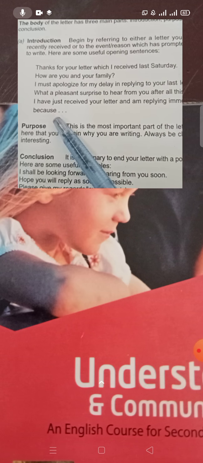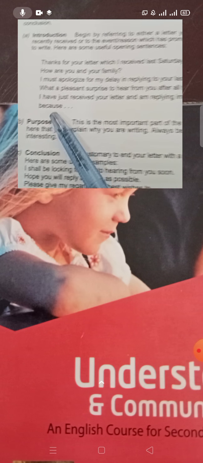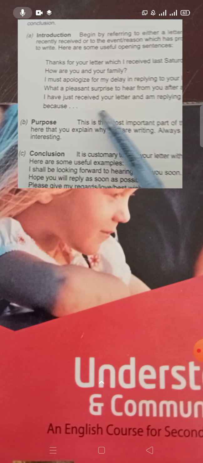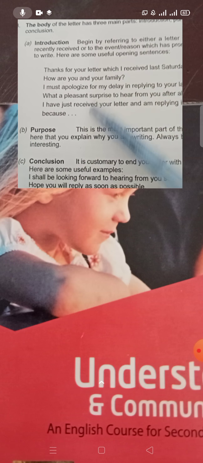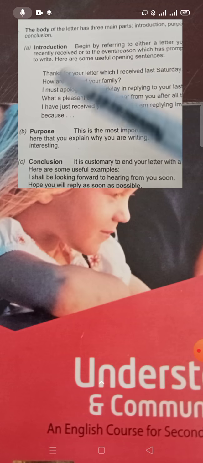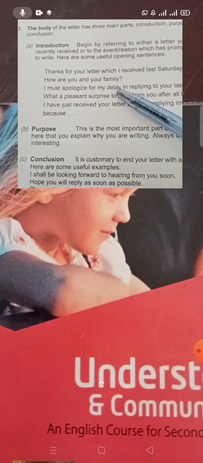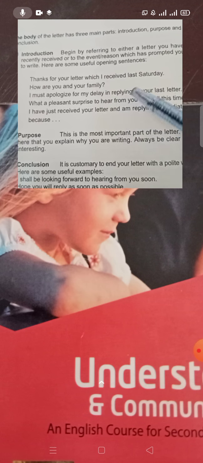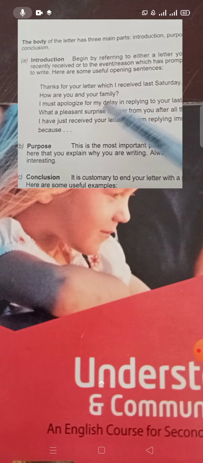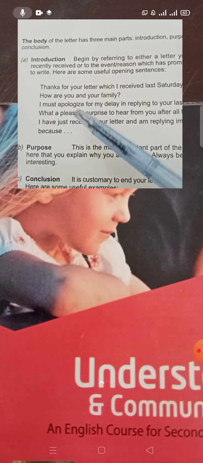Another one, I have just received your letter and am replying immediately because... You can select any of these lines, or other lines if you have them in your mind, based on the reason you are writing a letter. You may also start with your own idea.